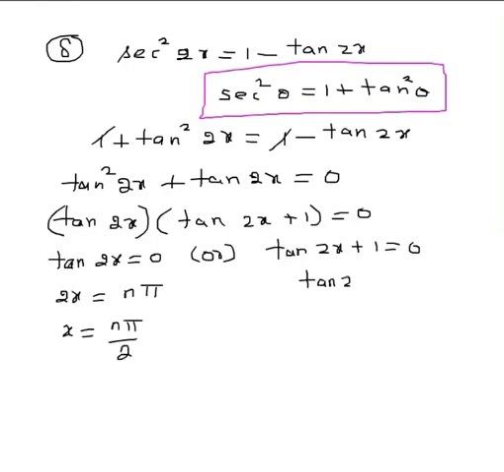Let us solve this. Tan 2x is minus 1. Tan is negative in the second and the fourth quadrants. But we take the smaller principal solution to write the general solution. Let us find the base angle. Base angle is the first quadrant angle for plus 1. For plus 1 it is pi by 4.